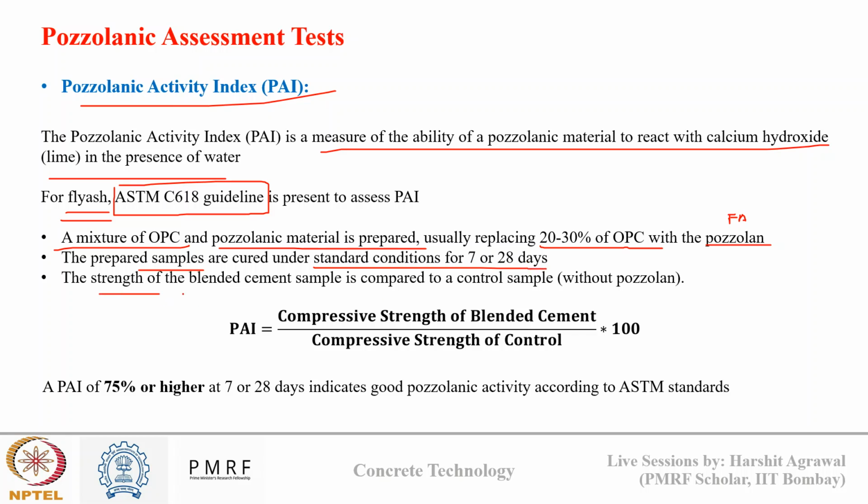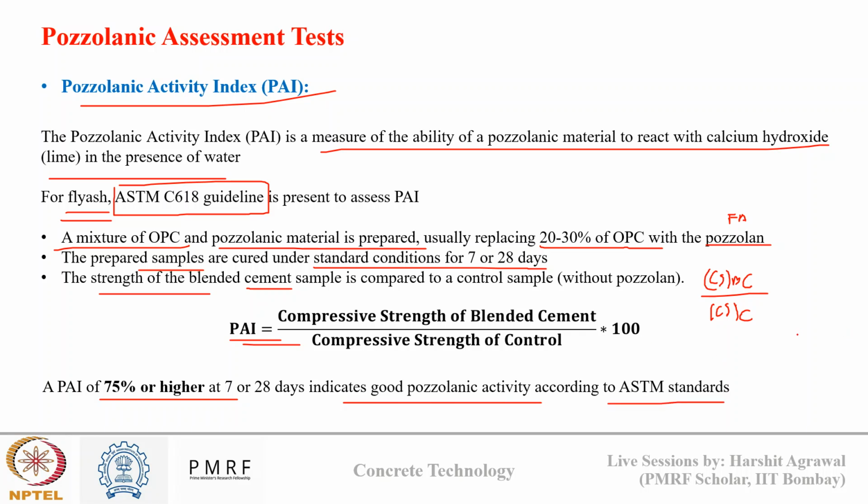Now after 7 days and 28 days, we test these cement mortar samples for compressive strength, and we check the ratio of compressive strength of blended cement, where there is both fly ash and cement, to the compressive strength of pure cement, pure OPC, and based on the increment we determine the pozzolanic activity index. So if my PAI value is 75% or higher, it indicates that the pozzolanic material has good pozzolanic activity according to ASTM standard.